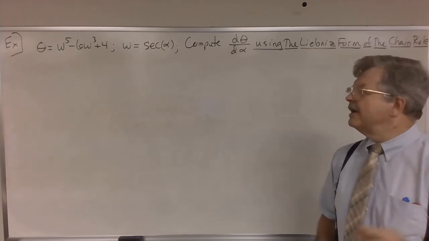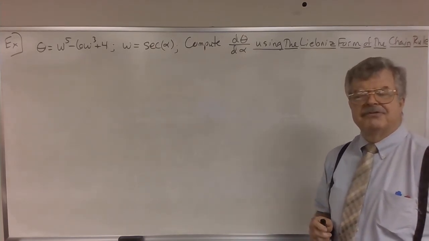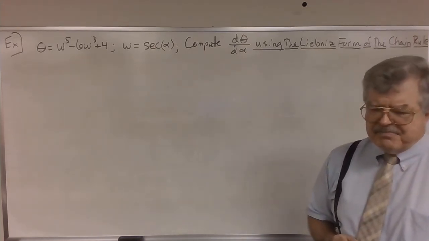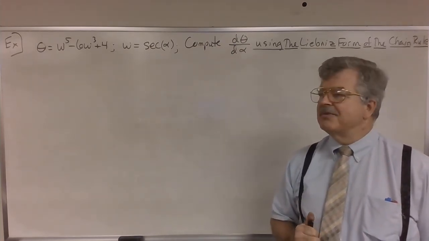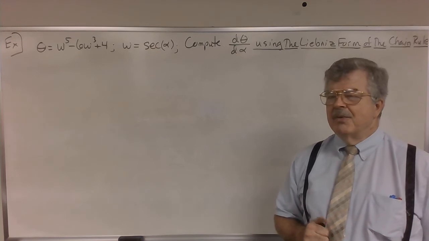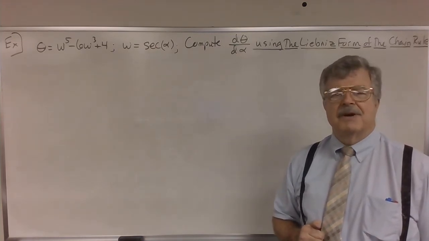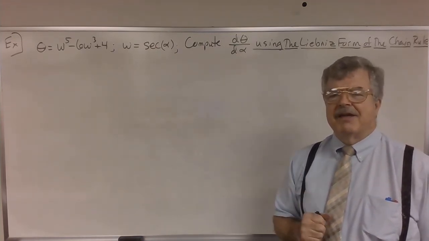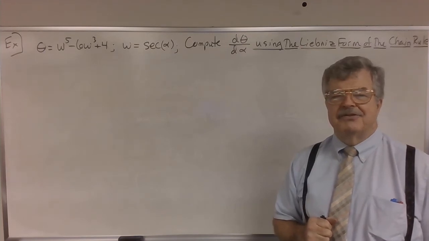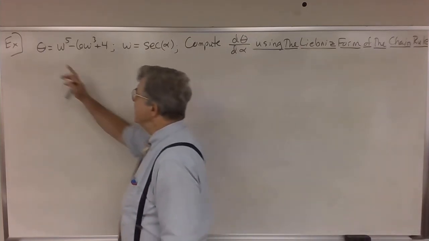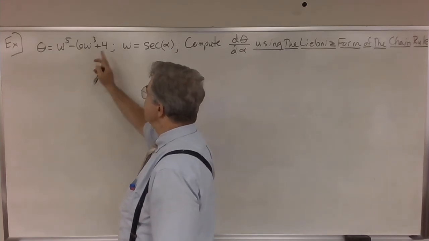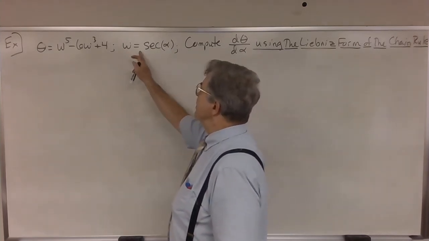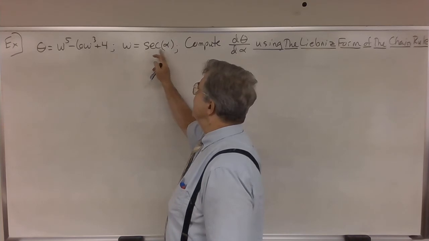And before we go any further, let me just do something. Even after I became a good student, I didn't really know what a lot of the Greek letters were. And I'd see them in the mathematical literature, and I'd just see, okay, thing equals w to the fifth minus 6w cubed plus 4. W equals secant of thing.